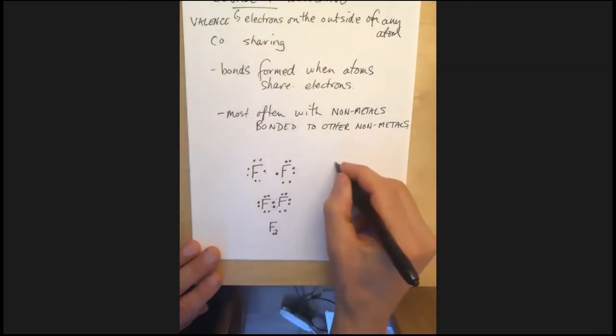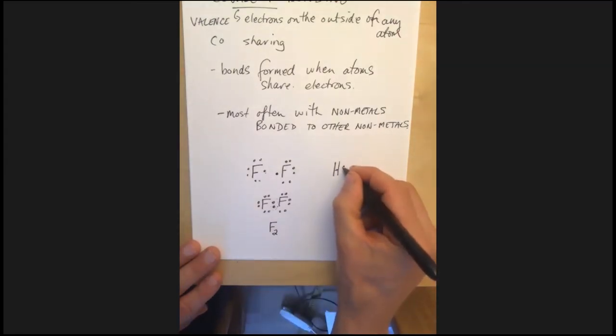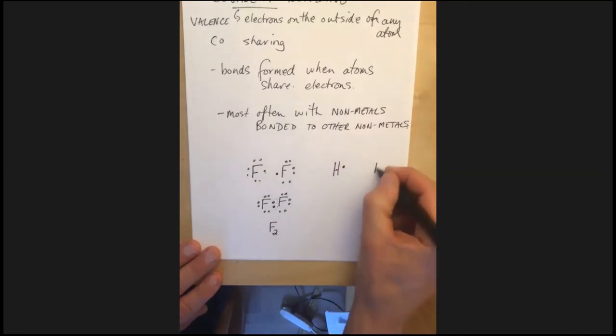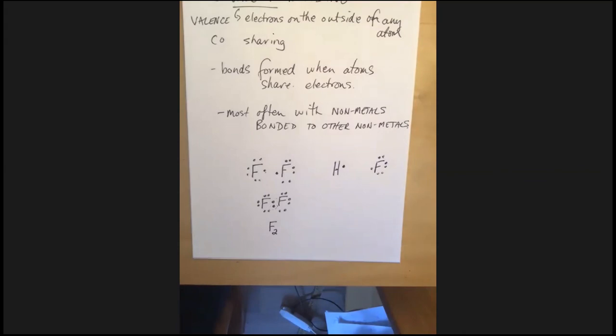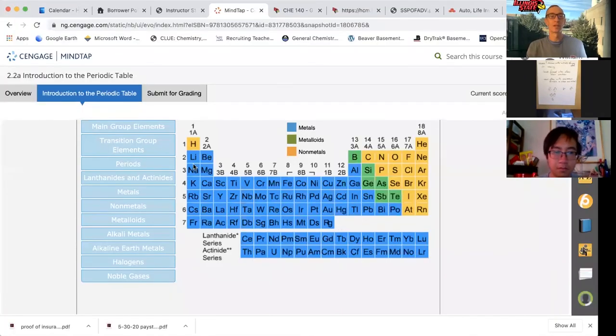This time I'm going to do it with hydrogen, which only has 1 electron, and fluorine. Okay, let's go back to the periodic table again for a second. So here's hydrogen over in group 1. It only needs one electron to get to having 2 electrons in its 1s orbital. And so if hydrogen can share an electron with something else, in this case the fluorine, then it will have a perfectly nice pair of electrons in its orbital.